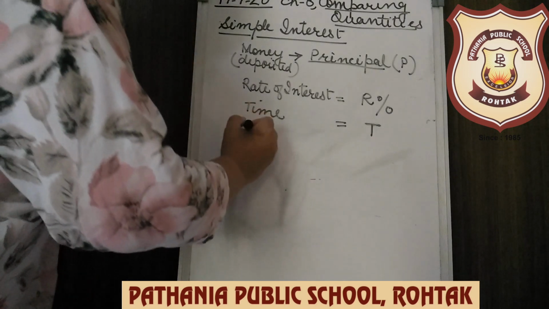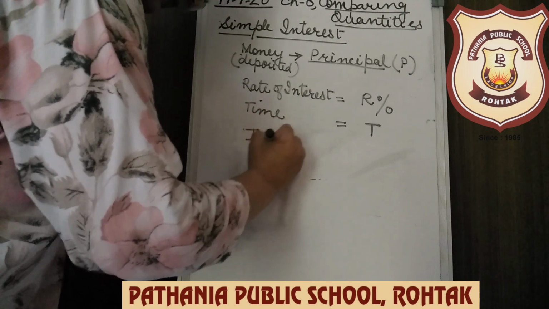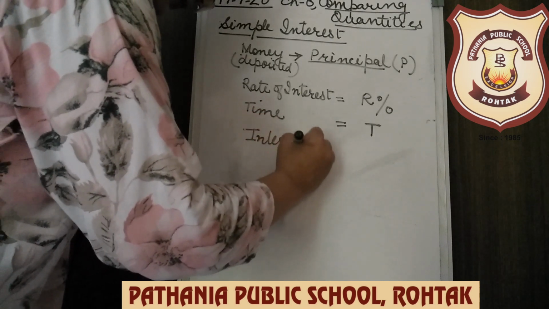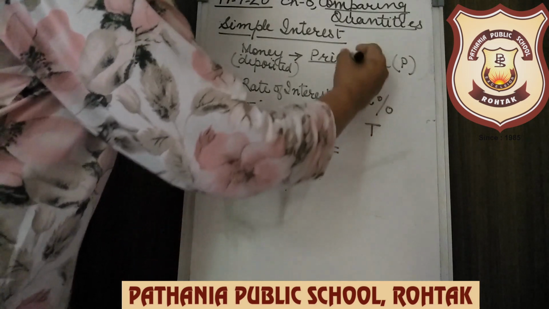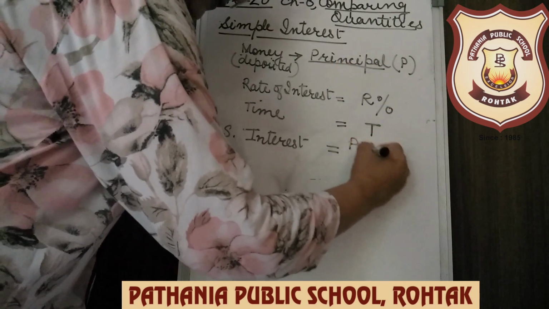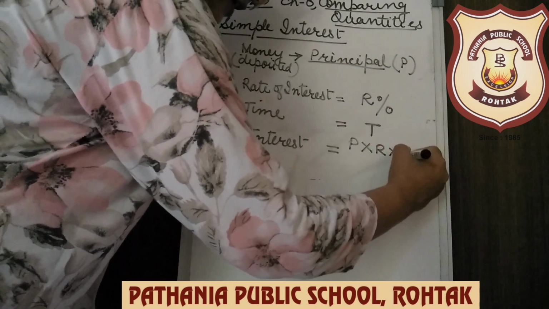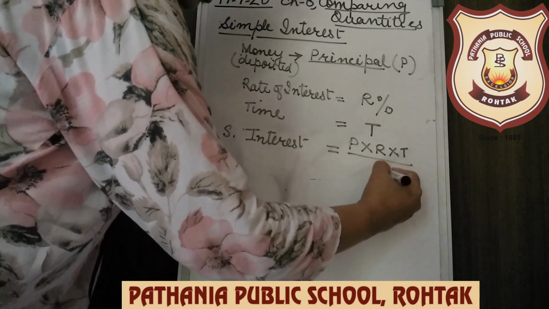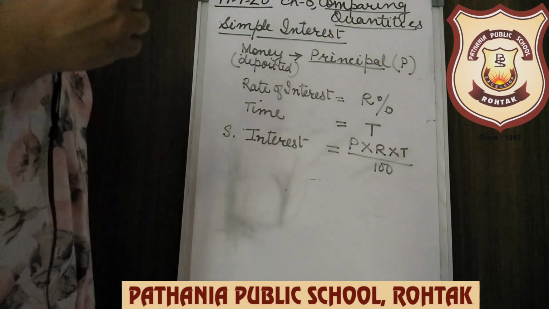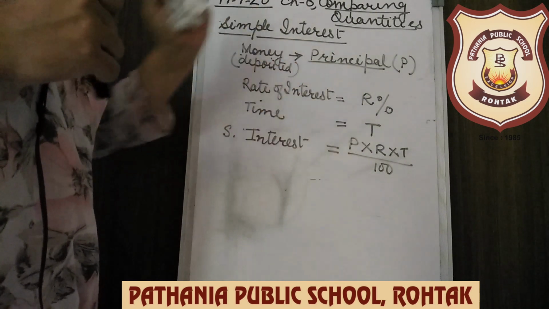Now, the formula to calculate the interest. The simple interest is principal multiplied by the rate multiplied by the time, and as rate is in percent, your 100 will come in the denominator. So, this is the formula for simple interest.